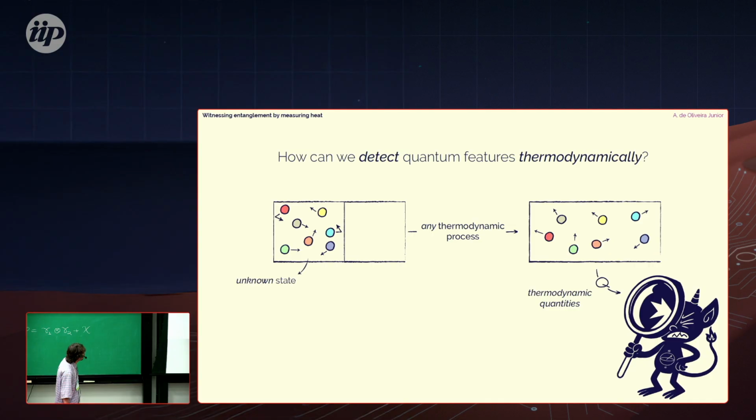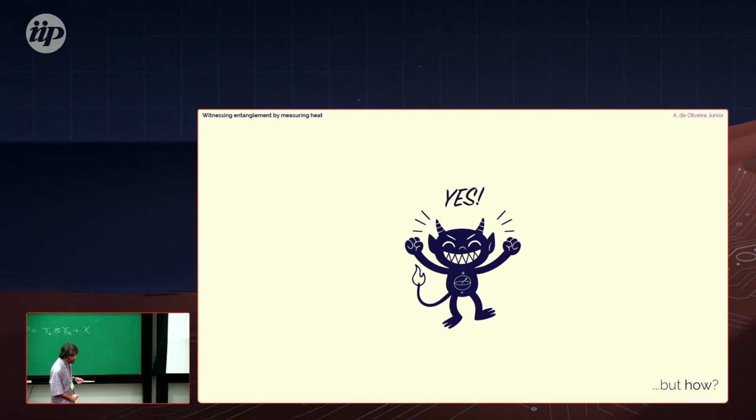Suppose that in this experiment we have access to some thermodynamic quantities, such as the heat exchanged in the process, meaning just the energy difference. Just by reading this number, can I say whether the initial state is entangled, or has magic, or has coherence? The nice thing is that yes, we can. We can come up with a set of thermodynamic witnesses which allow you to probe quantum correlations.